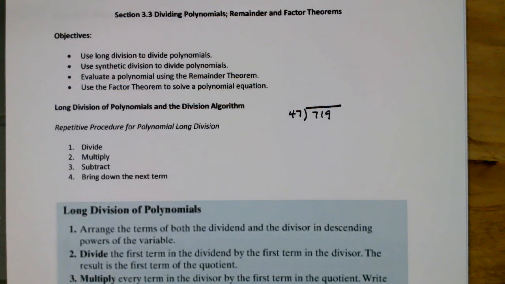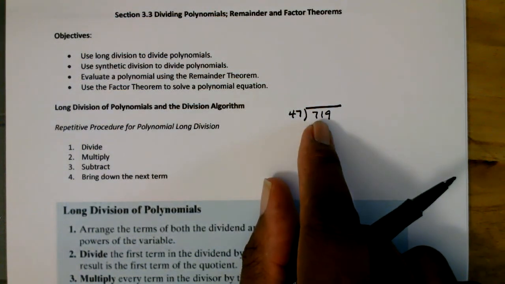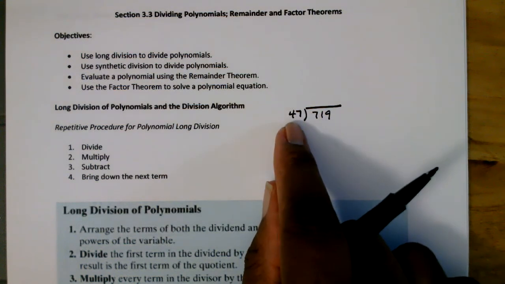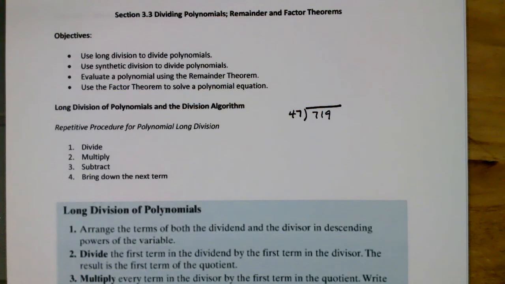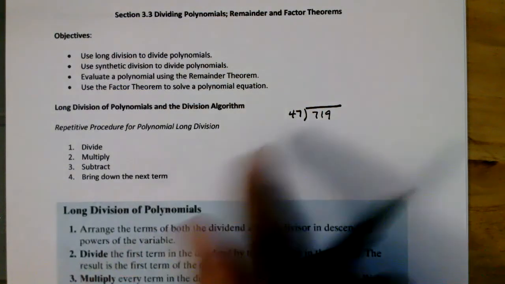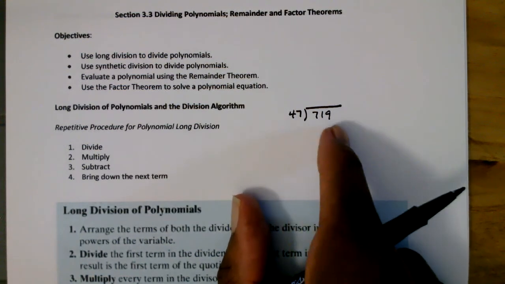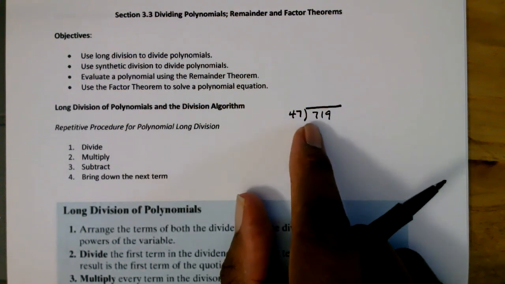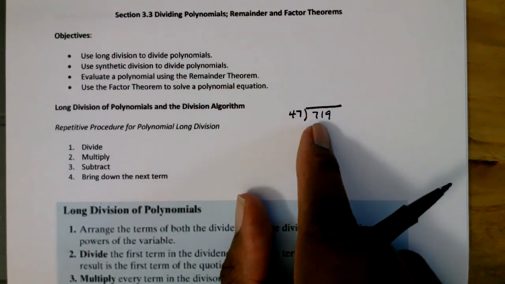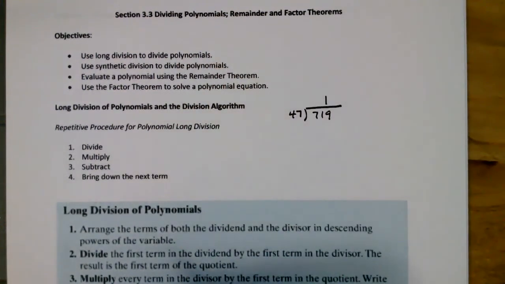Of course, we know 719 is going to be the dividend, the divisor is the 47, and the answer that we get will be the quotient and remainder. So if I was to divide 47 into 719, I know 47 can't go into 7, but I know 47 can go into 71 one time.